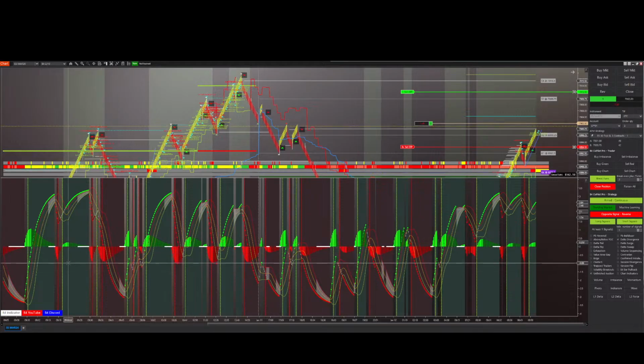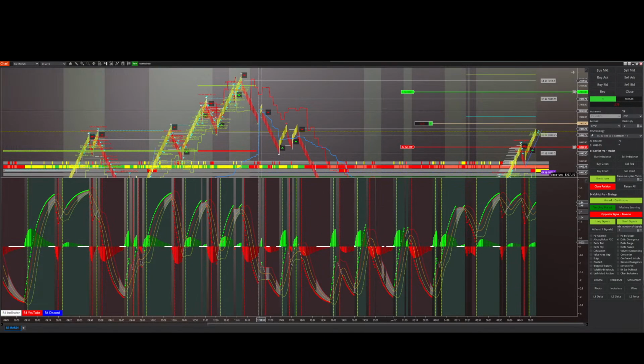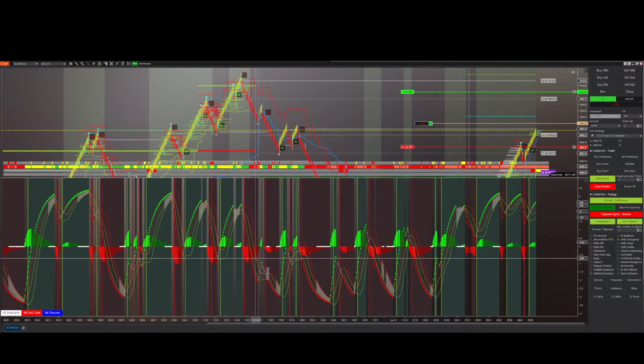Okay, so there's a move. It broke out. It pulled back. There was a move. It pulled back. There's a move. It pulled back and it broke. It bounced a little bit there. Then it went short. It broke below the midline, the zero line.